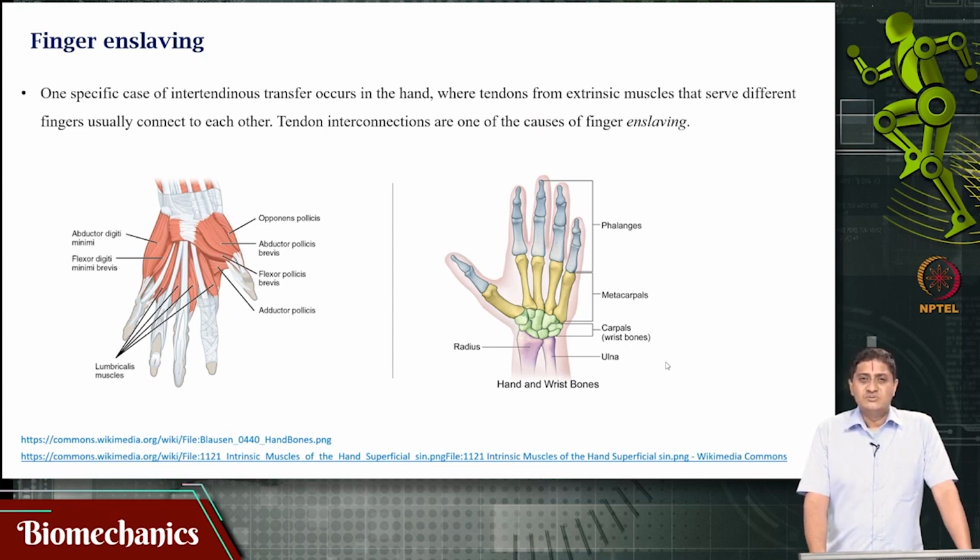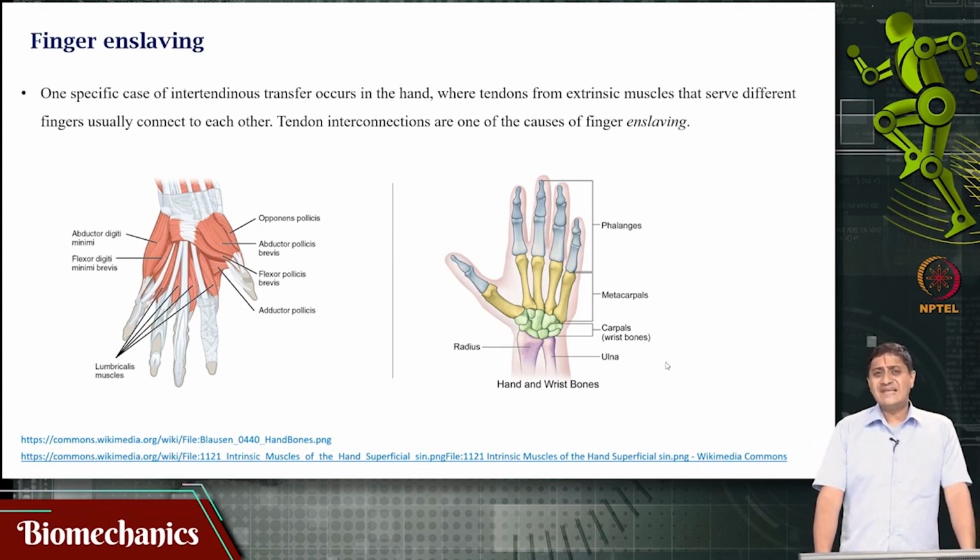This muscle gives rise to multiple tendons, 4 different tendons, all arising from the same muscle. Because of this reason, there is some kind of interconnection between tendons. It is believed that one reason for finger enslavement is this intertendinous connections or tendon interconnections.